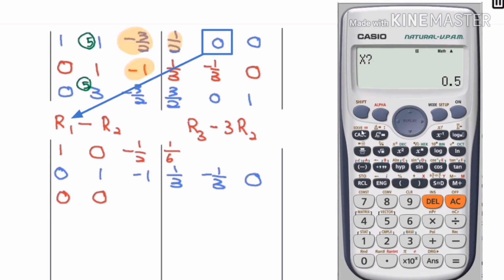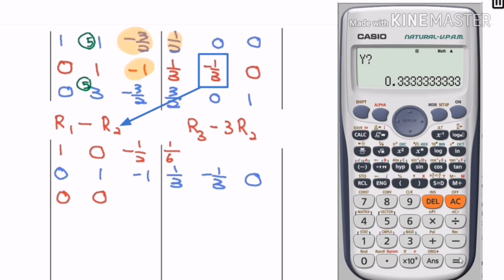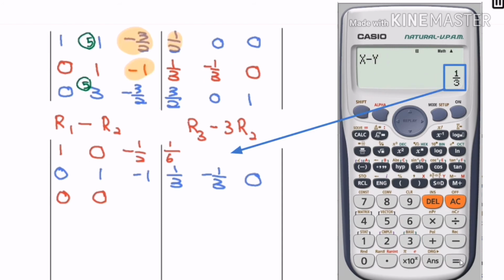So my R1 here is 0. My R2 here will be negative 1 over 3. So my answer will be 1 over 3. So the last one will be 0.